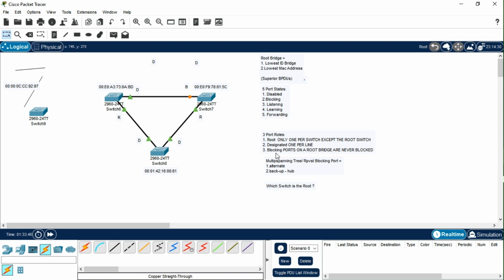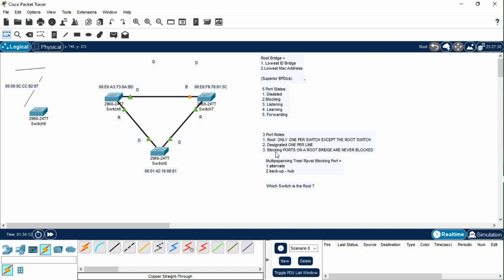Mind you, blocking is generally used for what would be older versions of spanning tree. Blocking, when it comes to multiple spanning tree and RPVST, rapid per VLAN spanning tree, is basically known as an alternative or also as a backup.